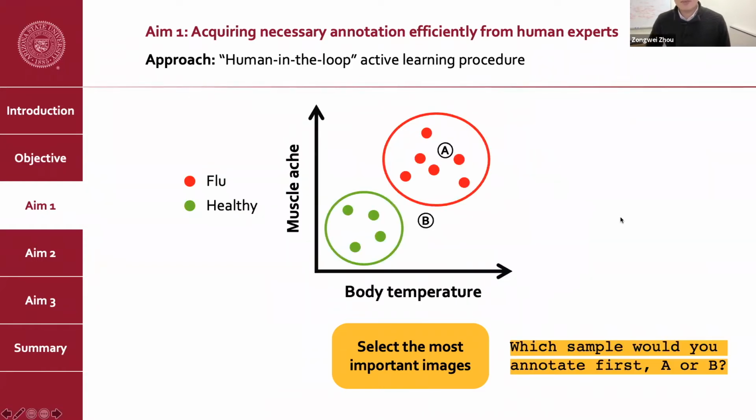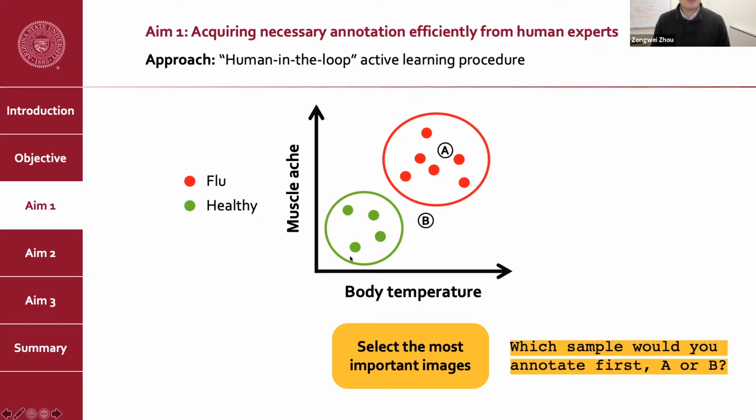Here I give an example to classify a sample as flu or healthy person using two symptoms. First, the body temperature, and second, muscle ache. All of the dots here with color mean annotated samples, which means we know their label.